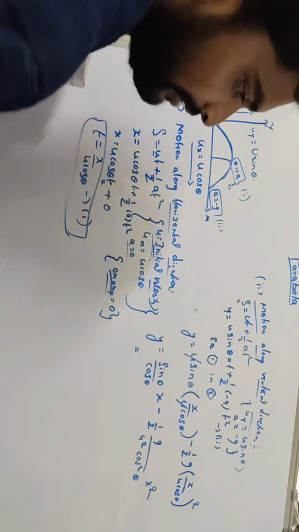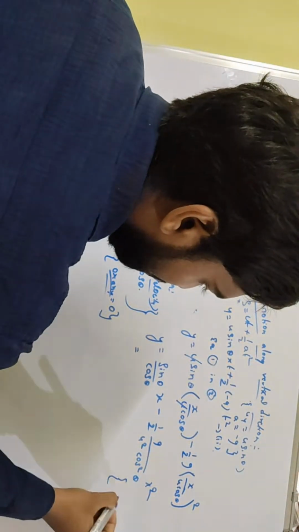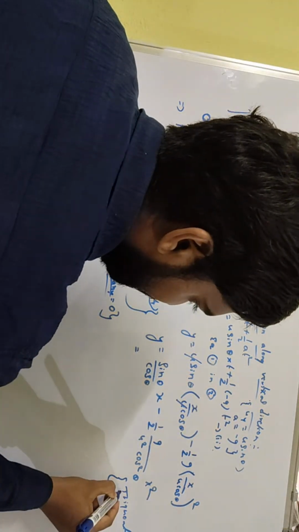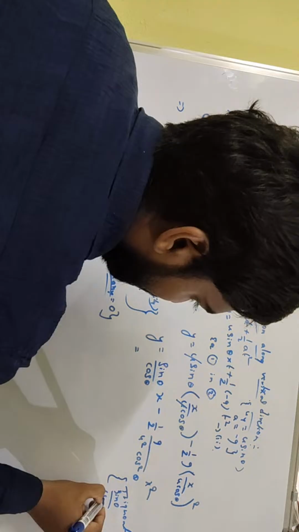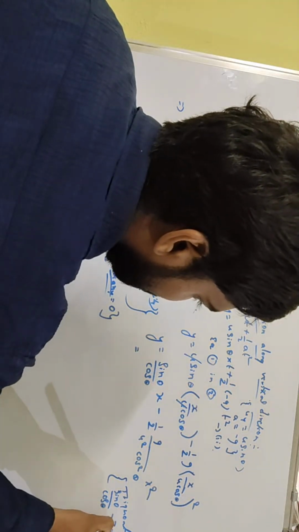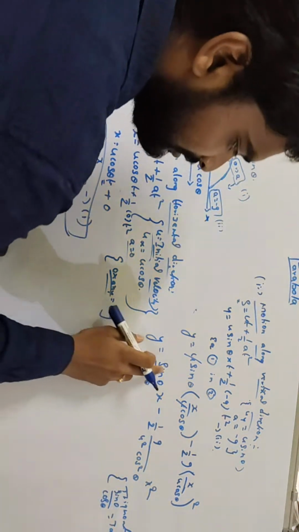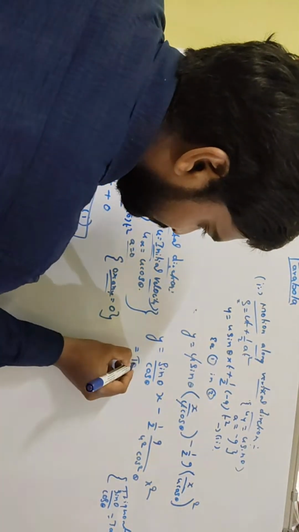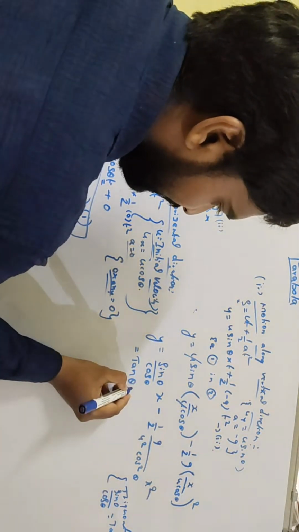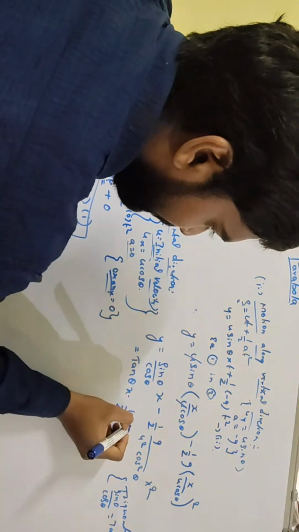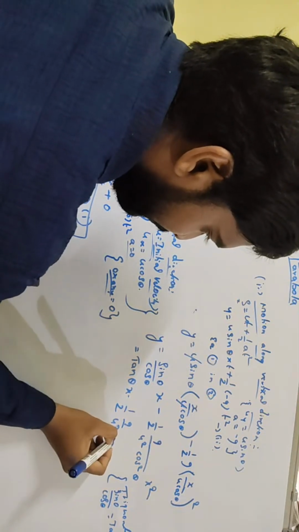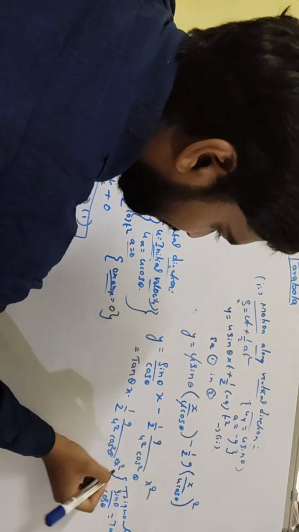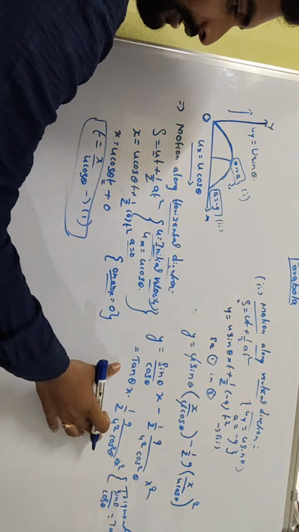So we are well aware of trigonometric identities. sin theta by cos theta is equal to tan theta. So in the place of sin theta by cos theta we are going to replace tan theta. So tan theta into x minus 1 by 2 g by u square cos square theta into x square. Okay, finally this is the expression we get.